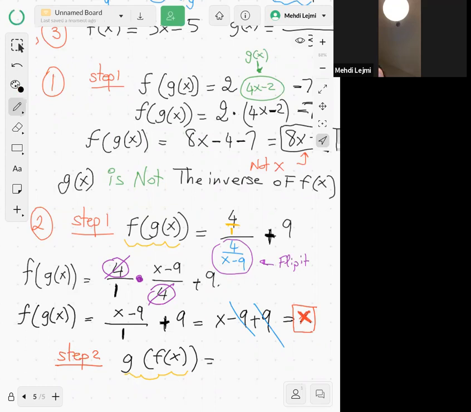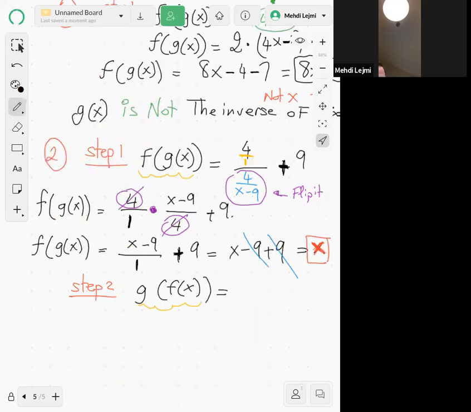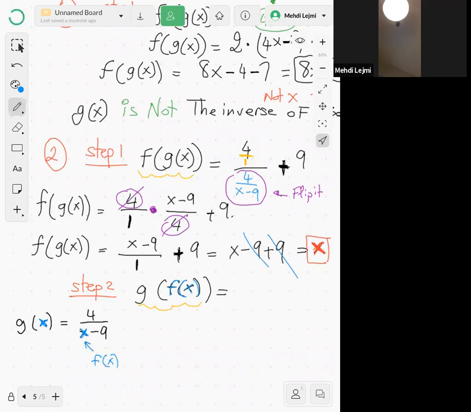So what's g? Well, let me just write it down for you here again. So g is 4 over x minus 9, right? That's my original function g. And so we have to substitute now the x with f, right? As you can see, the x now becomes f. So this x here becomes f.